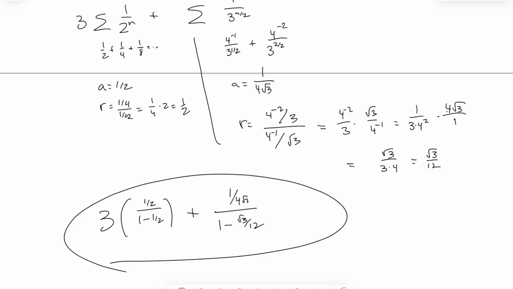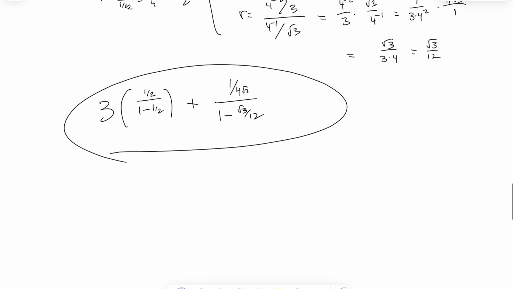Great. All right, so this is really the end of doing examples involving geometric series. Geometric series work out quite nicely because of the a over 1 minus r formula. Other types of series do not have such interesting formulas.